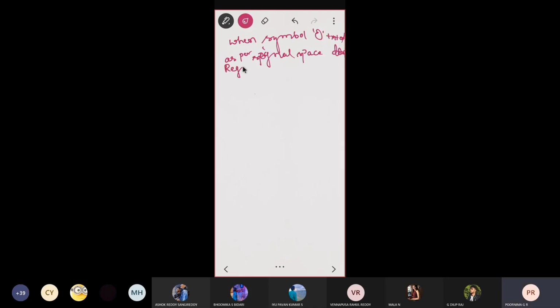We'll be considering region Z1. So symbol 0 is transmitted, but symbol 1 is estimated. Then its probability is represented as Pe of 0.